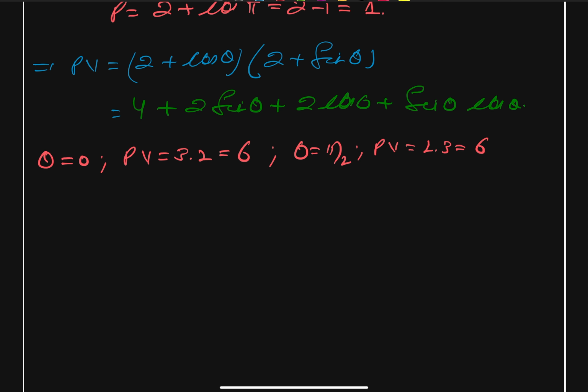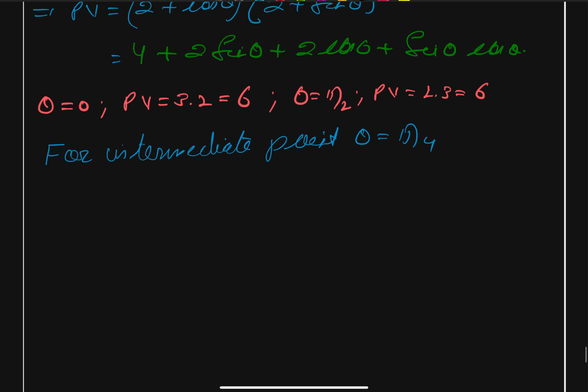So for the intermediate point, that is theta equal to pi by 4, our P will be equal to 2 plus cos pi by 4, which comes as 2 plus 1 by square root of 2, and our volume V will be equal to 2 plus sine pi by 4, which is 2 plus 1 by square root of 2.